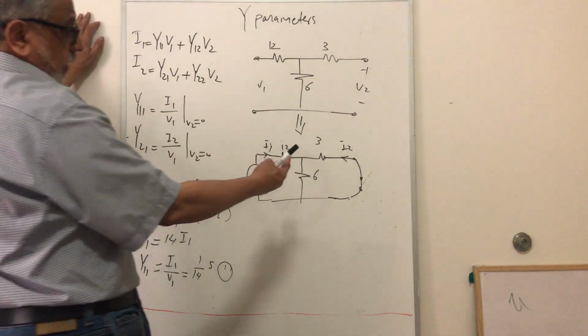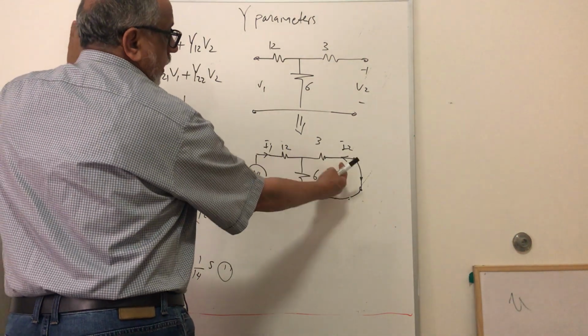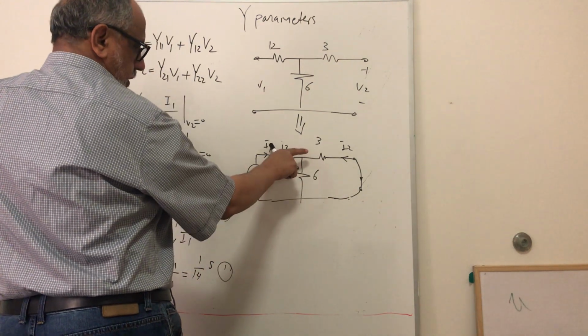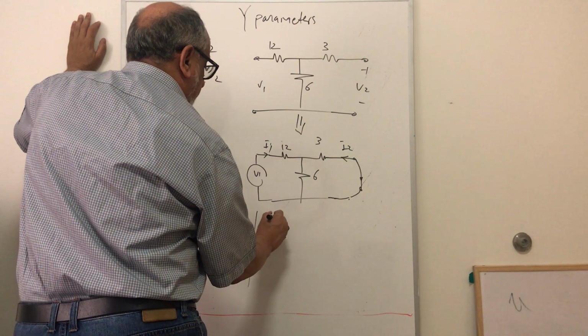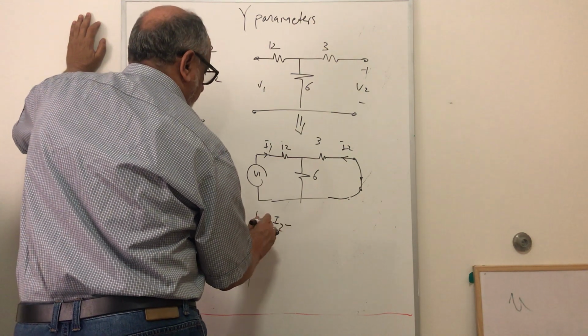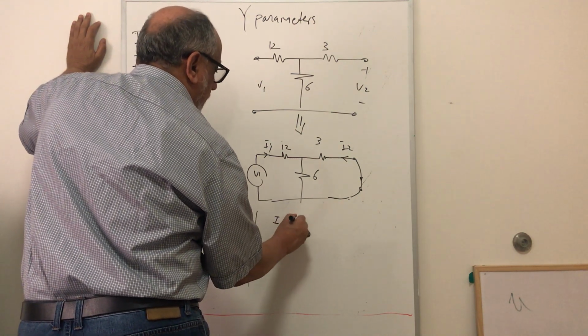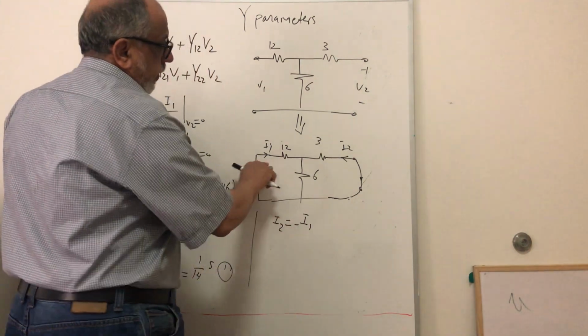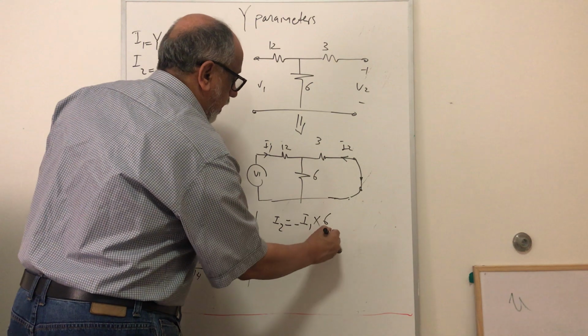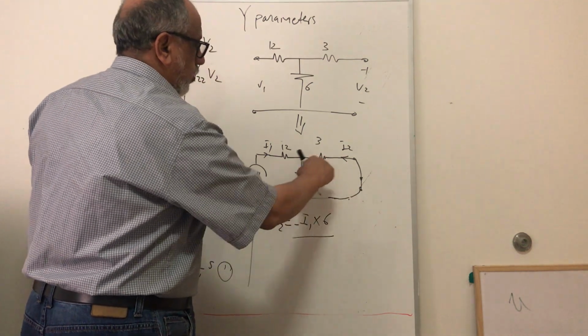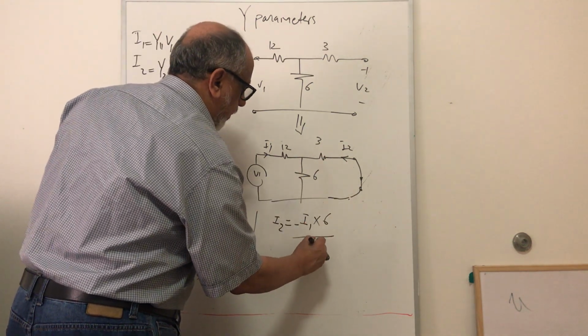Now if I want to find I2 in terms of I1, I can use the current divider rule here. I have I1, right? So I can say minus I2, or I2 is equal to minus I1, which is the same here, right? Into the other resistor, which is 6, divided by the sum of the resistors, which is 3 plus 6.